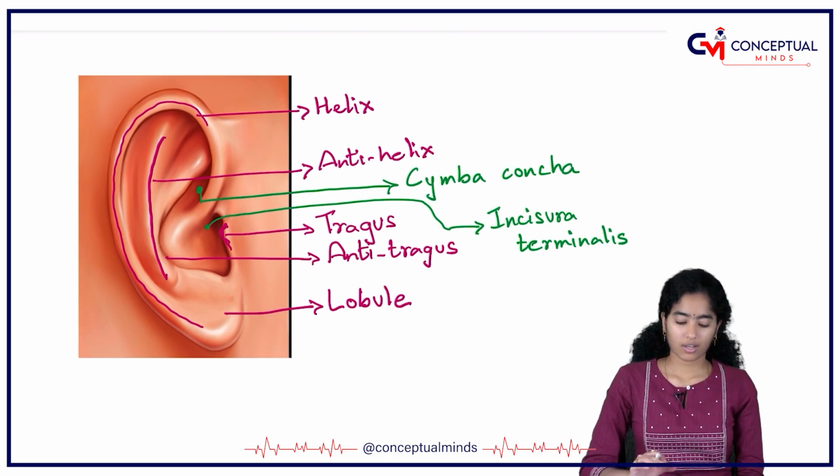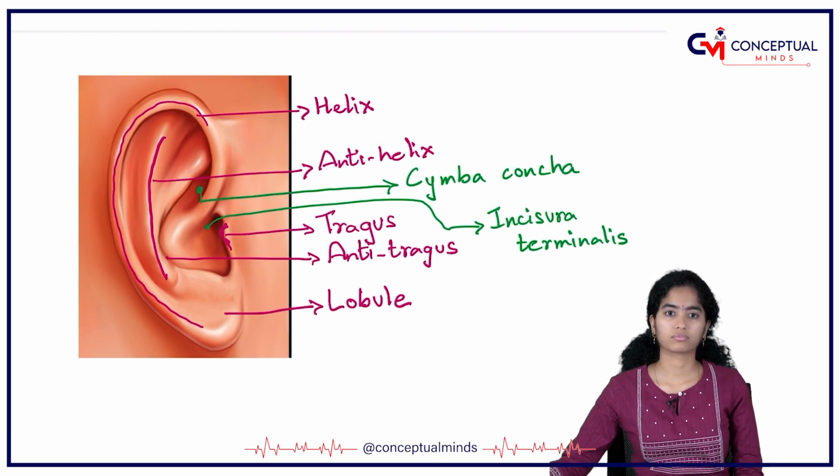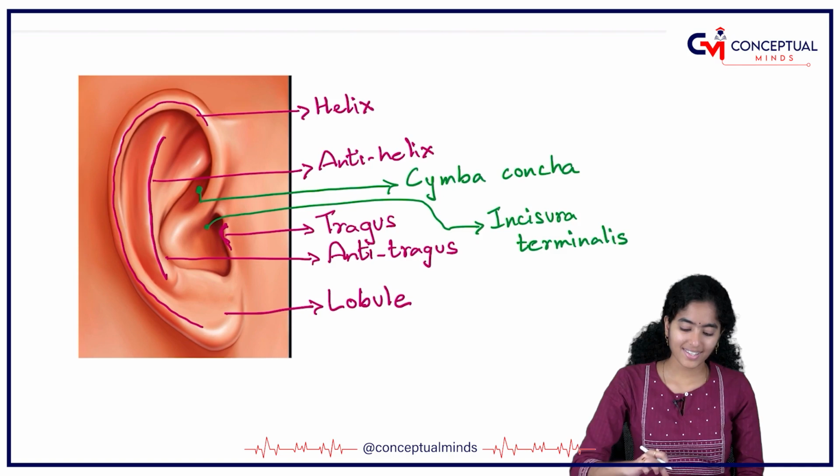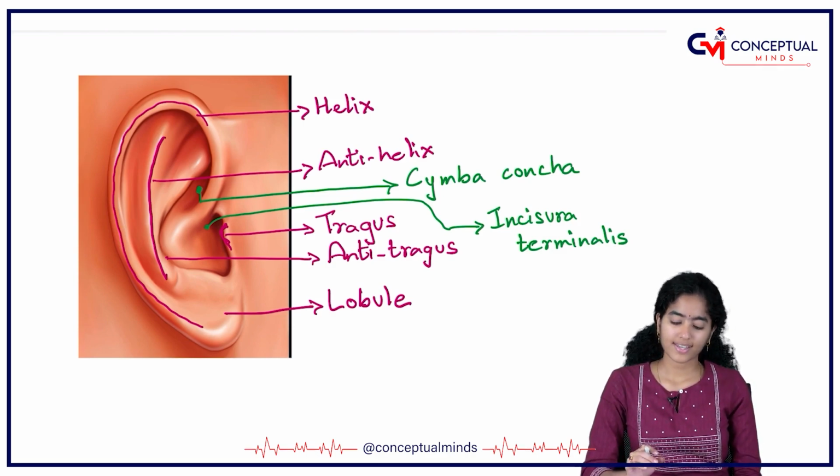This is about the parts of the auricle: helix, antihelix, lobule, tragus, antitragus, and two depressions, cymba concha and incisura terminalis.